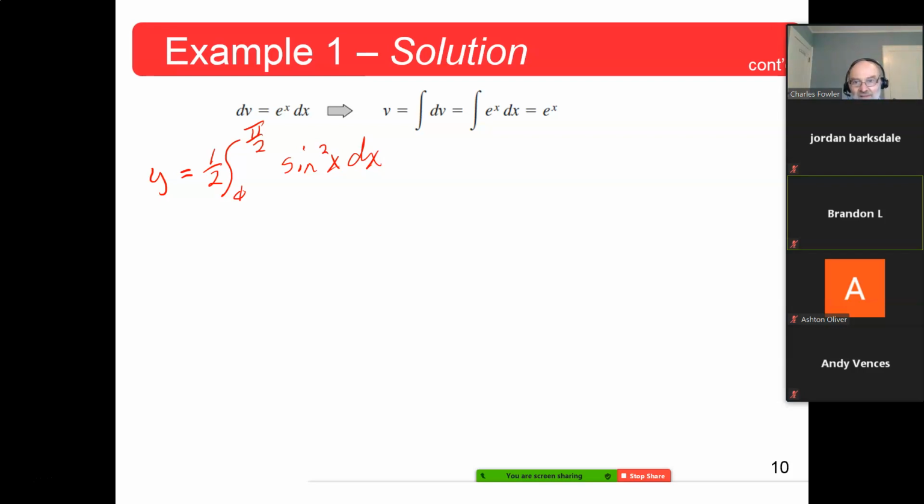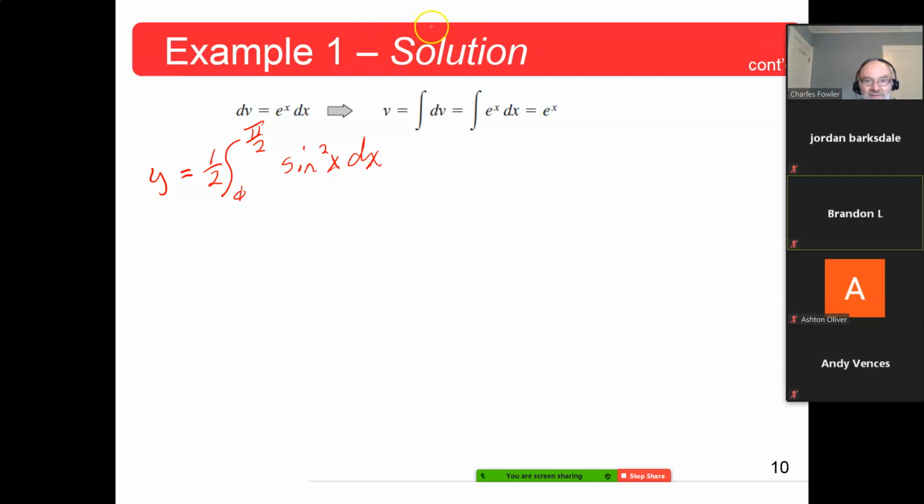Now here's how we do an integral such as that. We start with the fact that sine squared x, there is a trig identity here. I don't know if you remember this trig identity, but here's what it is. I'm going to write it down in gory detail for you.